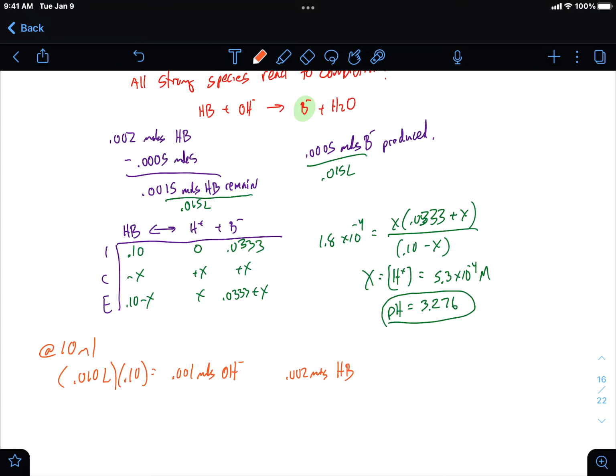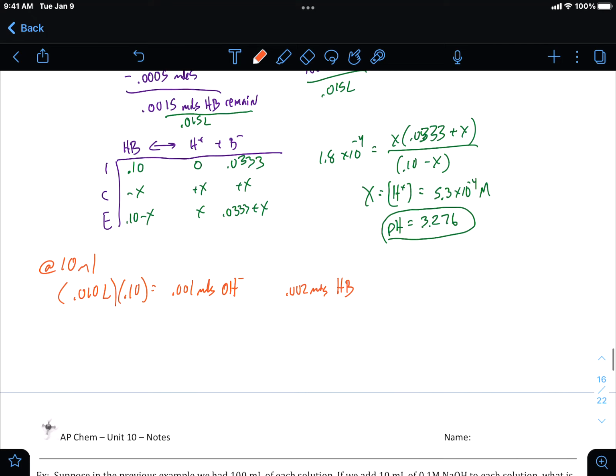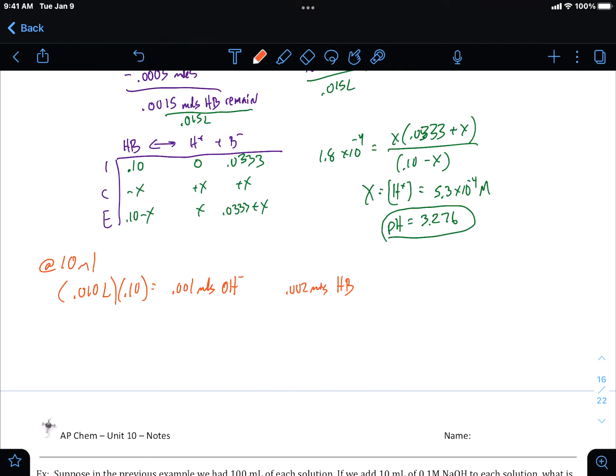Sorry, I'm switching terminology. I think I wrote WA up here. The formula really was HB. So before we go further, can someone look at this and tell me what my moles are going to be for both of these? After 0.001 moles of OH minus reacts with 0.002 moles of HB, what will I get? You get 0.001 moles of HB and 0.001 moles of B minus.